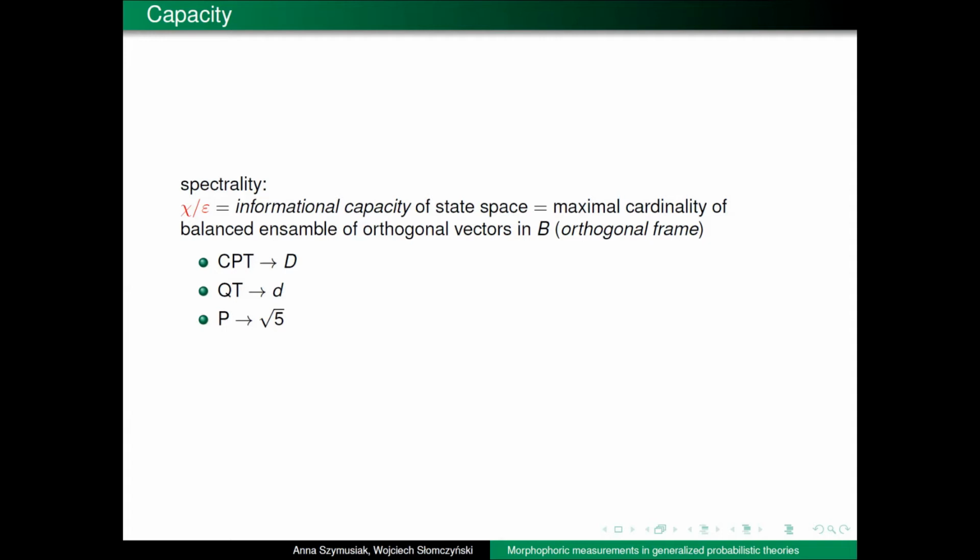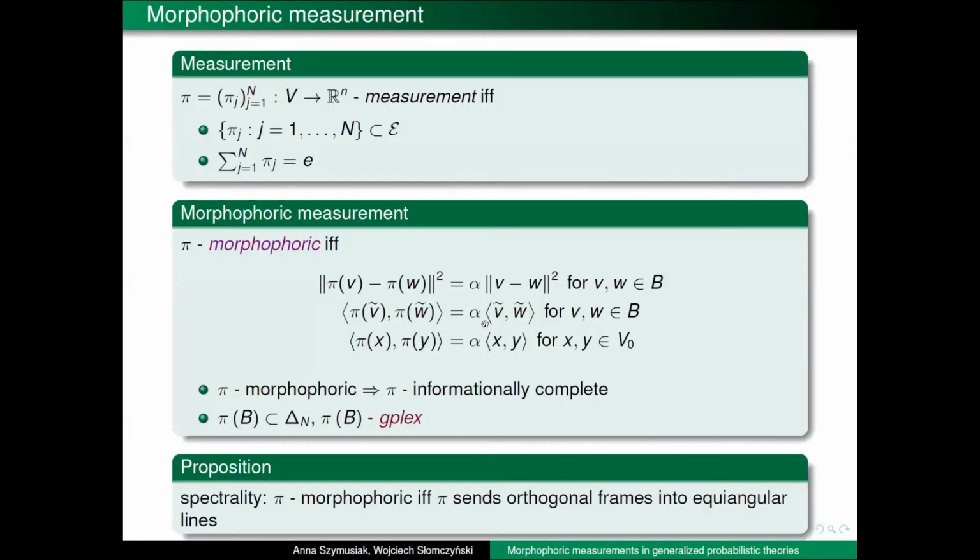Of course, we can multiply this map T by some lambda, and those two parameters depend on this lambda, but not chi over epsilon. And the second part of the title of our talk is morphophoric measurement.